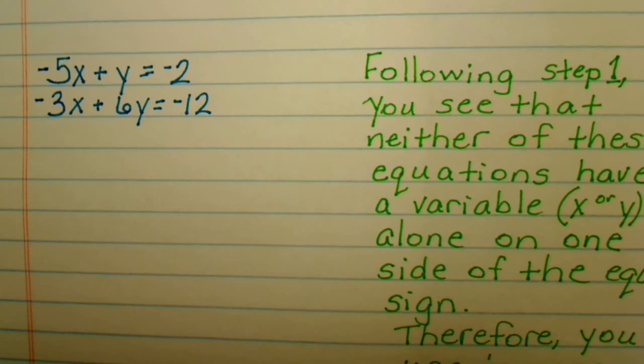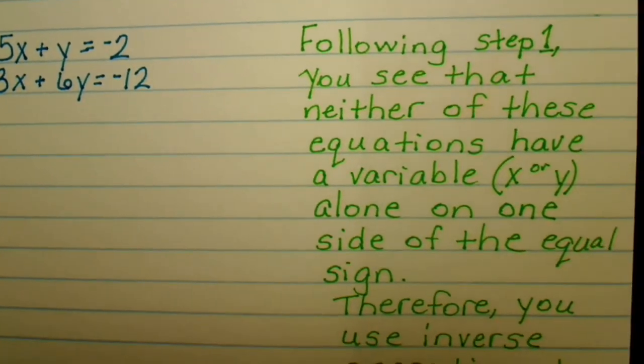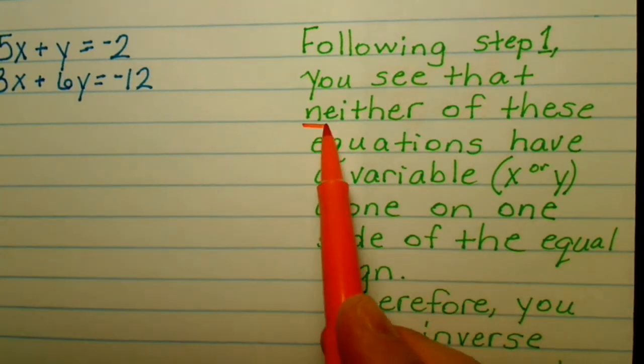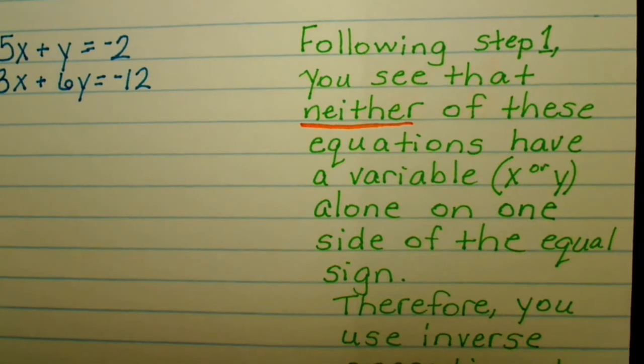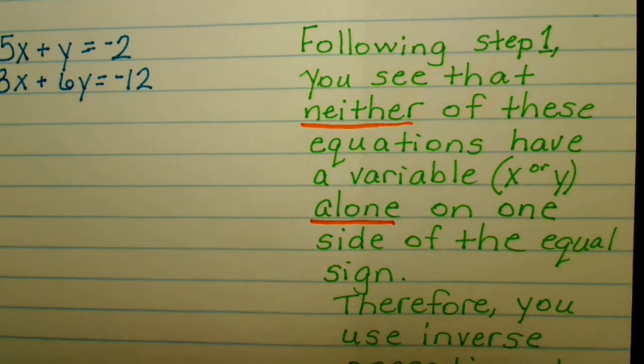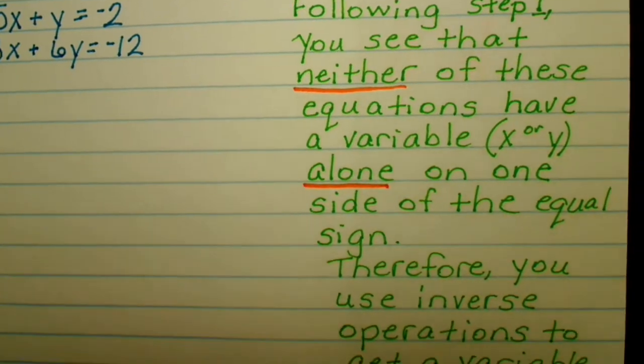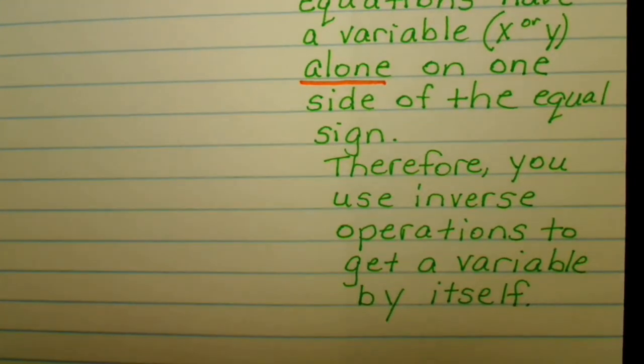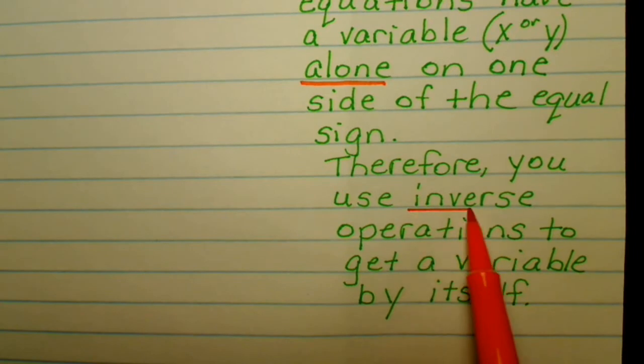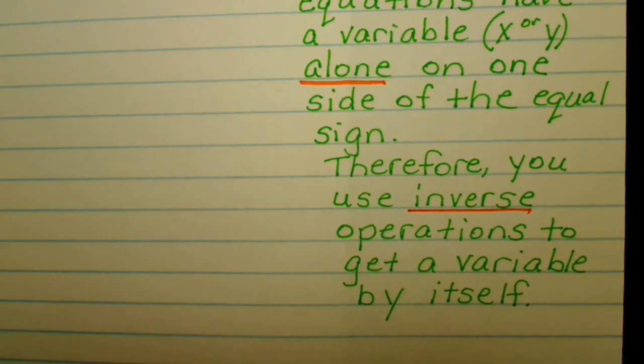After following step 1, you see that neither of these equations have a variable x or y alone on one side of the equal sign. Therefore, you use inverse operations to get a variable all by itself. And when you get it by itself, that's when you isolate it.